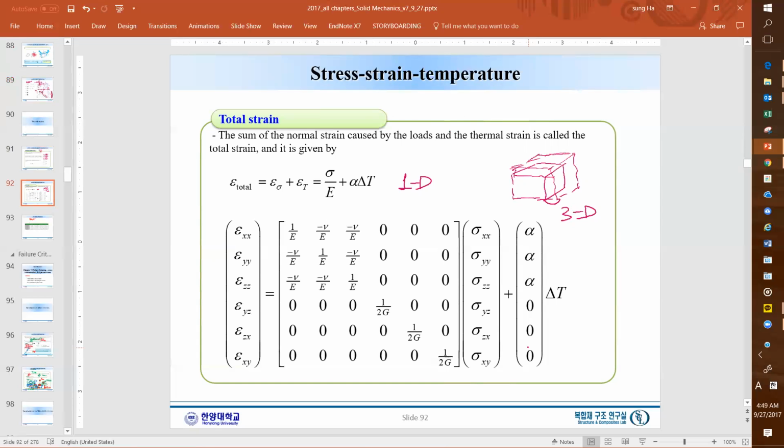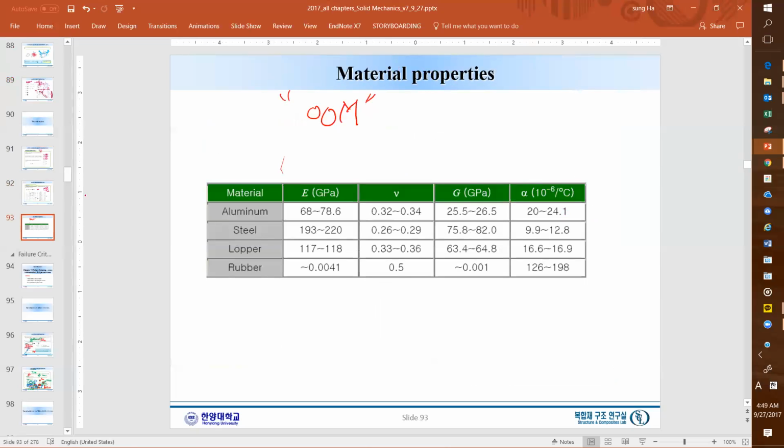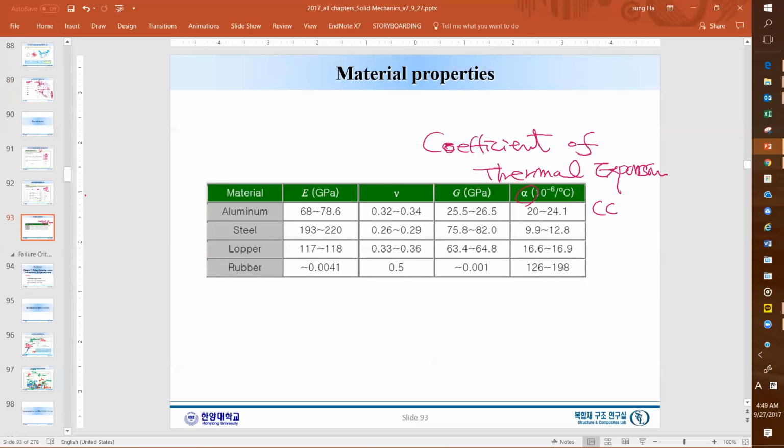So in each direction, X, Y, and even Z, we have a strain alpha delta T. So alpha is the important value, and alpha is the coefficient of thermal expansion. In short, we call it CTE, a very famous material property.